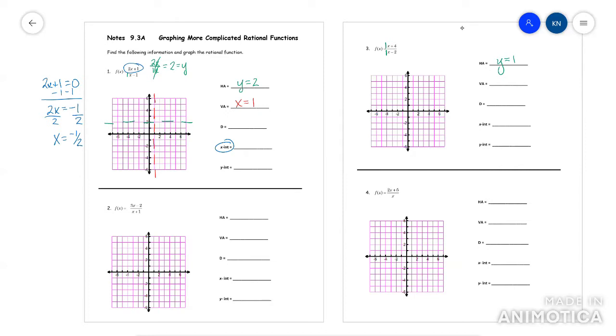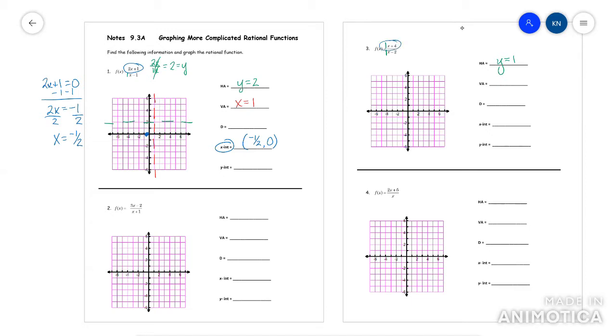And that's your X-intercept, -1/2. So it'd be like -1/2 comma 0. Like here. Oops, that's positive. Like here. All right, so to get X-intercepts, you set the numerator equal to 0.